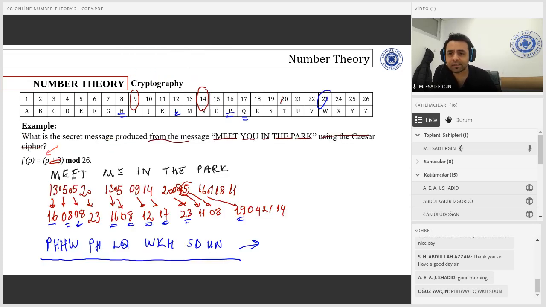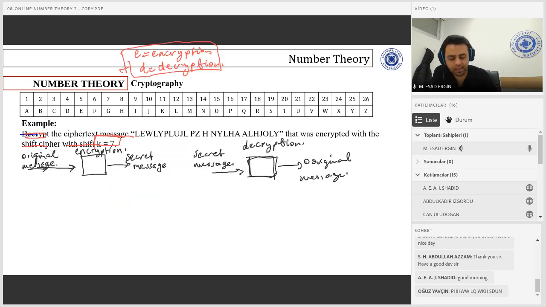So in our example here, P plus 7 is used, with K equal to 7. So we are going to use that.